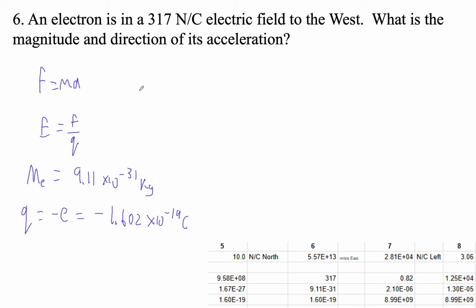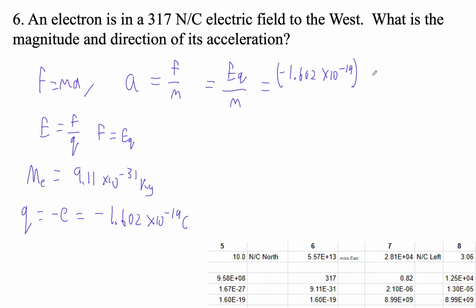Let's figure this out. I think force will be EQ, and acceleration is just force divided by mass. So therefore it's EQ over mass. So it's negative 1.602 times 10 to the minus 19th.